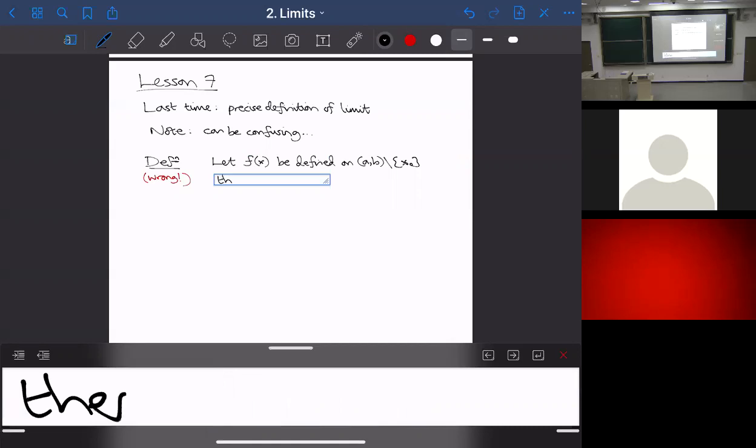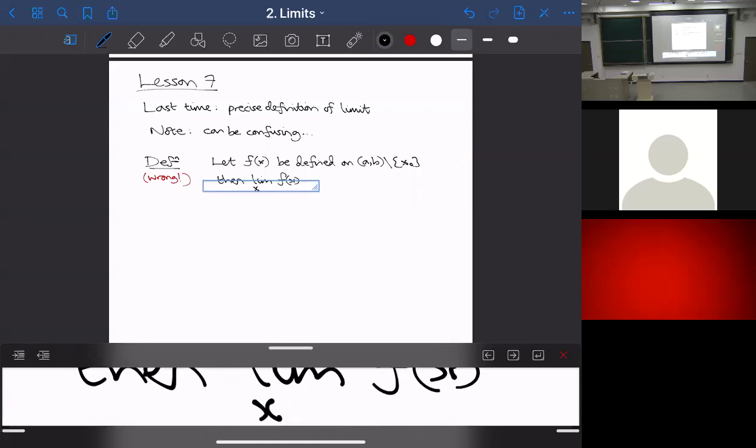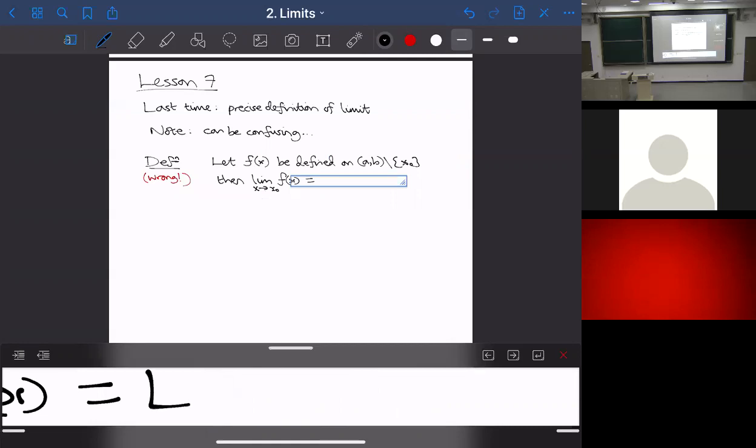Then the limit of f(x) as x goes to x0 equals L if, and remember last time we had something in a box here.